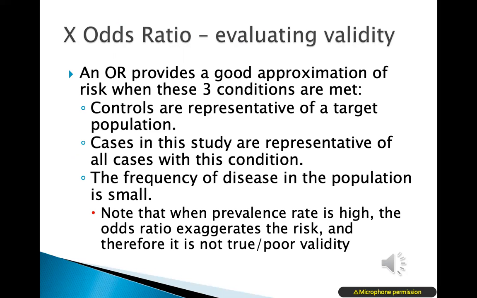First of all, if the controls are representative of a target population, and the cases are representative of all cases with this condition. So for instance, if the controls were different in a rural area of Alabama versus New York City, which is where we wanted to apply the study results to, then that wouldn't fit because they're too different. Maybe they report them differently. And what about the cases?